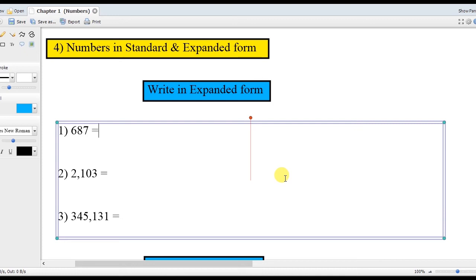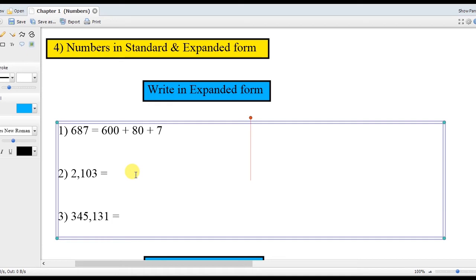Right now it is collectively written as just a small number, 687. We have to expand it just like we pronounce it: 600. So first I write 600, after that add, plus 80, and then 7. So when we pronounce it this way, 687, right? This is how we write it.